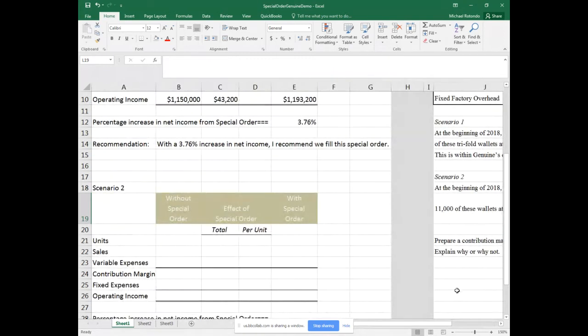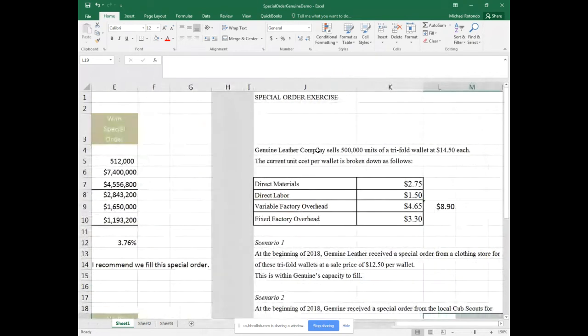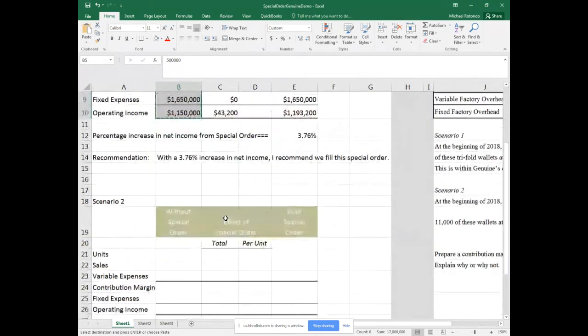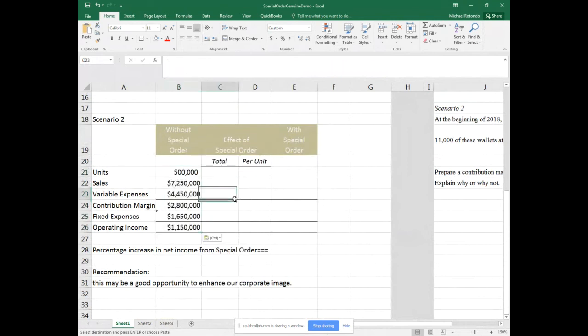So without the special order, we're looking at the same scenario we had up here, where they had the 500,000 wallets at $14.50 each. And we're looking at the same costs. So without the special order, we can probably just copy this from scenario 1. That's going to be the same.